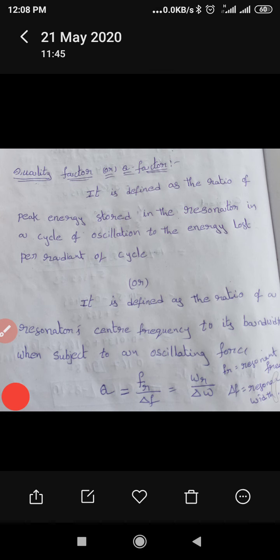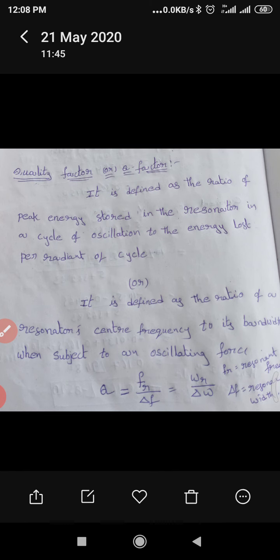So Fr by delta F, where Fr is the resonance frequency and delta F is nothing but the bandwidth. So quality factor plays an important role in electronic circuits, particularly in signals and systems. Why? Because based upon this quality factor only we are designing some elements.